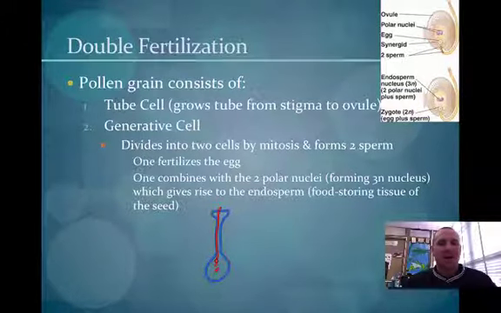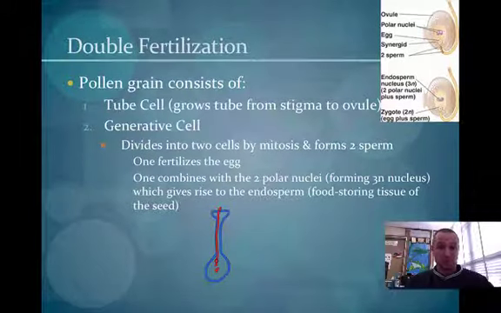It divides into 2 cells by mitosis, which forms 2 sperm. One will fertilize the egg in the ovule, and the other one will combine with the 2 polar nuclei to form a triploid, a 3N nucleus, and this will give rise to the endosperm. The endosperm is the food storing part of the seed.